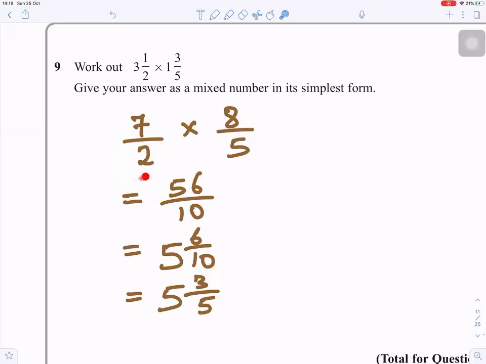So that gives you 7 over 2. Change the next one. 1 times 5 is 5, plus 3. That gives you 8 over 5. Now we've changed both of them to improper fractions. We can simplify first, or we can just multiply and simplify after. 7 times 8 is 56.